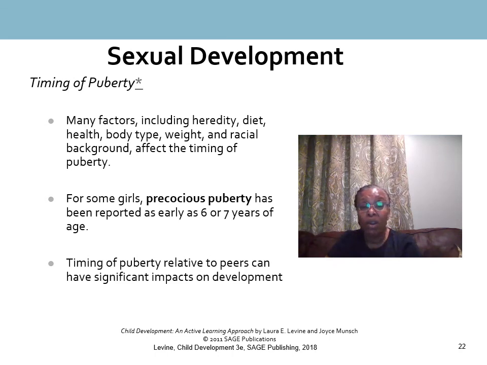So it's what we inherit, what we eat, if we keep healthy, the type of body we have, our weight, racial background, as well as the timing of puberty. There's what we call precocious puberty, which is for some females when they start really young. You've heard of some females starting their menarche at around 7, 8 years old.